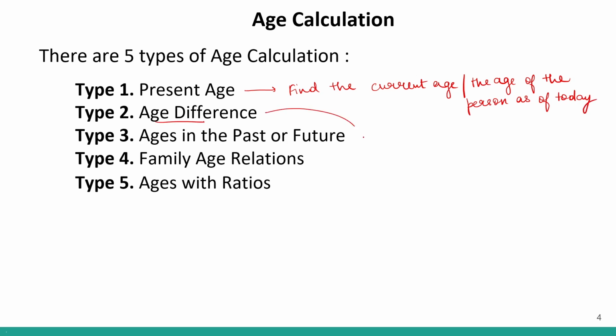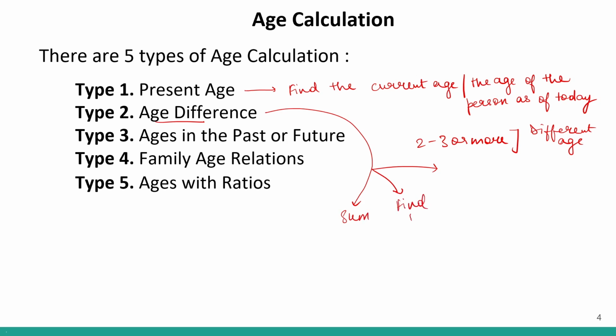Type 2 is age difference. Now, with age difference you can get multiple scenarios. Age difference means there are 2 or 3 or more people given to you and each of them has a different age. Based on this information you would have to either sum up their ages, find the difference between their ages, or find the product of their ages.